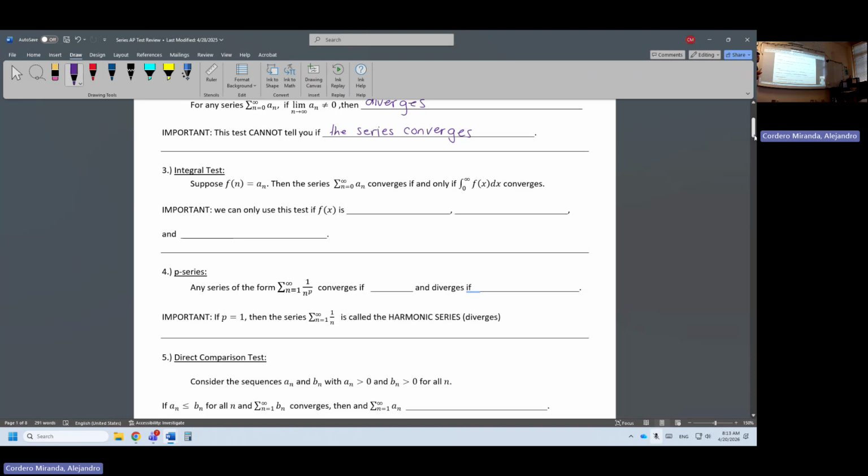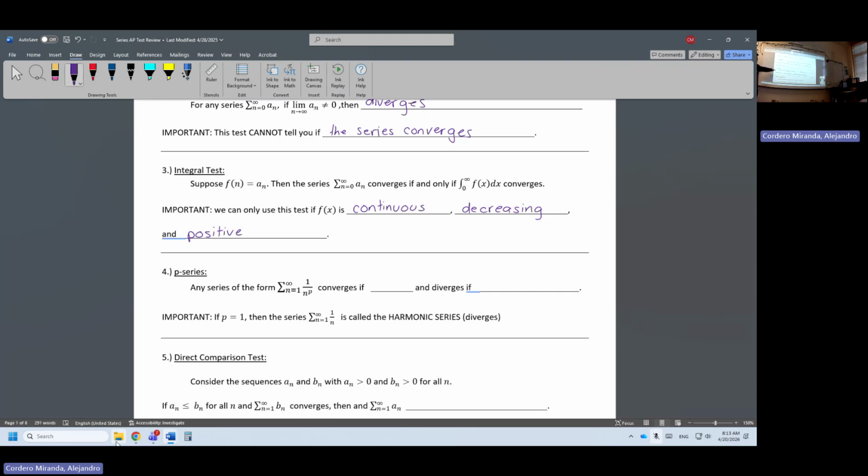You can only use the integral test if that function fulfills 3 requirements. Remember? Like continuous, decreasing, nice. Yeah, continuous and decreasing, and what did you just say? Positive. Yeah, nice. Continuous, decreasing, and positive. Those are the 3 requirements. Nice, y'all.